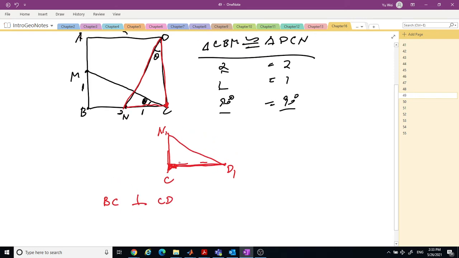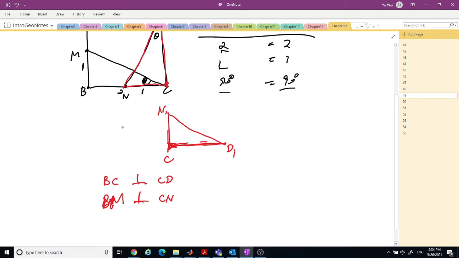And the next one is CN. After CN rotates it is CN1, right? CN1 will be parallel to BM, which means the corresponding sides BM and CN are perpendicular. The two triangles after rotating are in parallel.